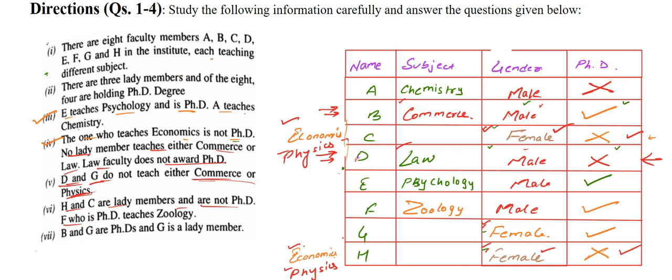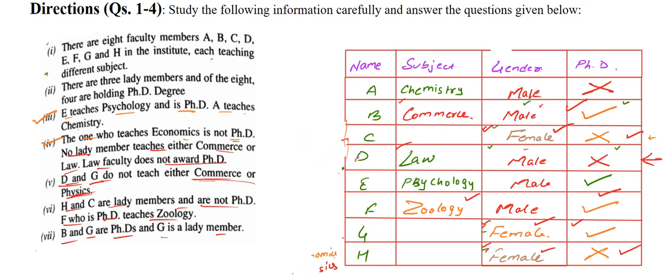Then we have F, who is a PhD, teaches zoology. So F is a PhD and teaches zoology. Now we have B and G are PhDs and G is a lady member. So B here is a PhD, G here is also a PhD, and G is a lady member, that is female. So by these points we cannot come to the conclusion of three faculties.